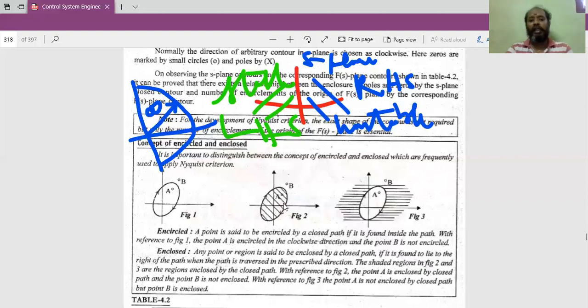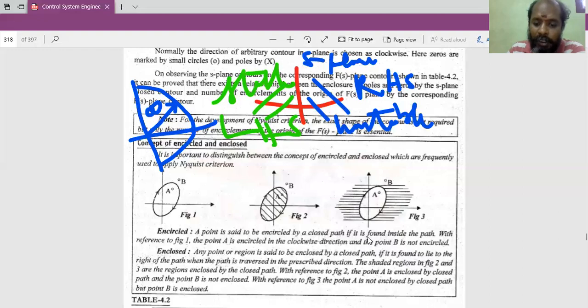So the point A is enclosed in figure 2 as well as encircled, but here point B is not encircled, but it is enclosed because it is in the shaded region. And A is not enclosed here because it is not in the shaded region.